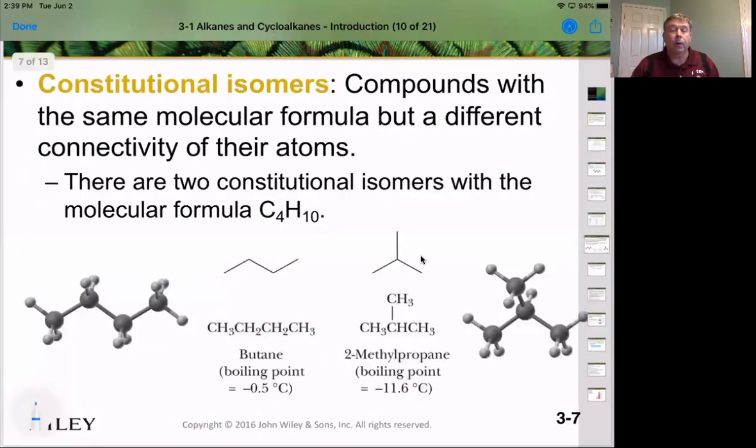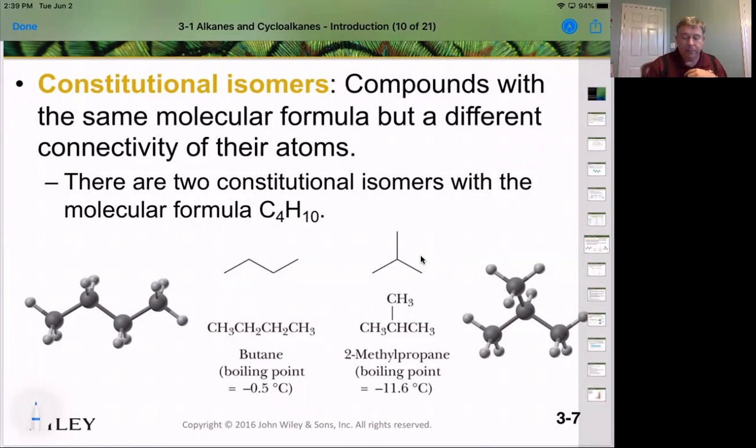Okay, so now we have hydrocarbons here, and the most basic hydrocarbons just have a carbon bonded to another carbon, so that we have only carbon and hydrogen bonds. However, we have different isomers possible.